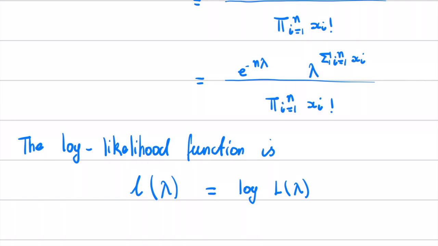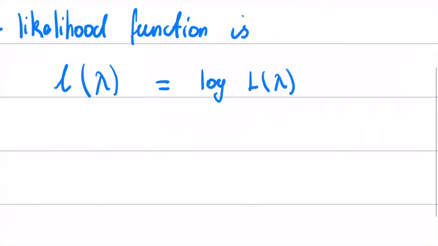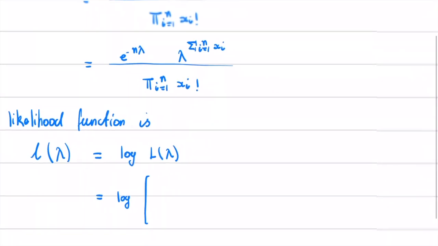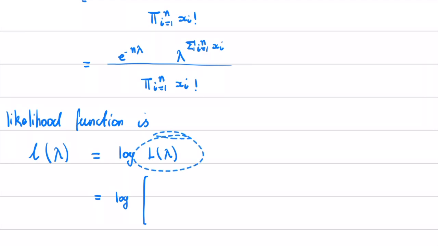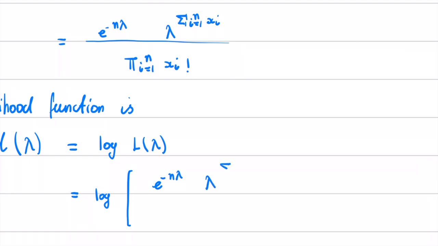So in other words, it's the log of the likelihood, which obviously is implied by its name. So then I'm going to take the expression that I derived previously for the likelihood function above. That's going to give me e to the negative n lambda, lambda to the sum of i equals 1 to n xi, all over the product from i equals 1 to n of xi factorial.